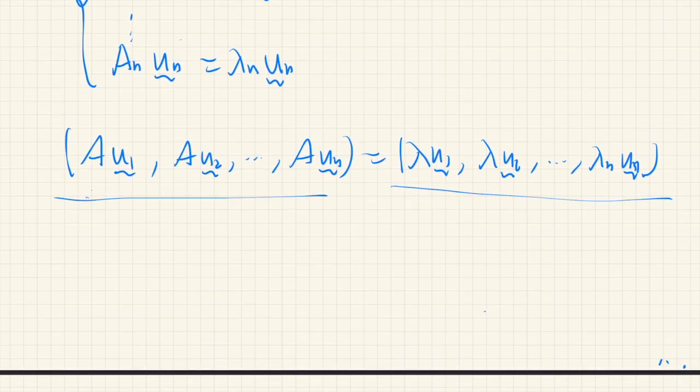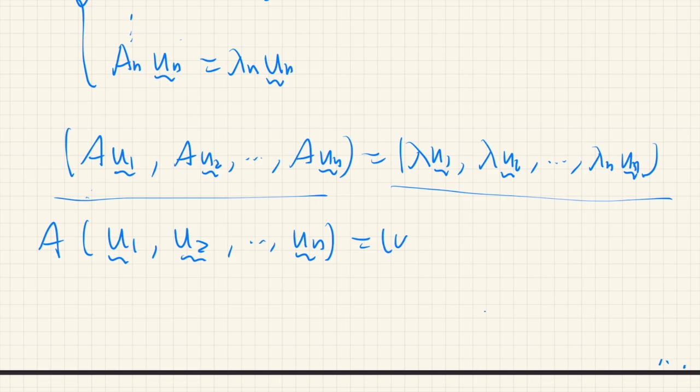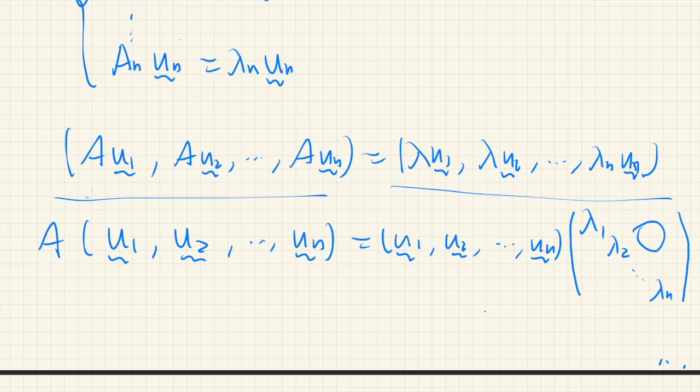But matrix multiplication is a linear operation, of course. So we can take this A out, and we have this matrix made of u1, u2, and so on, un. And for the right-hand side, we can write u1, u2, and so on, un, times the diagonal matrix lambda 1, lambda 2, and so on, lambda n, with off-diagonals at 0. So we have this equation.